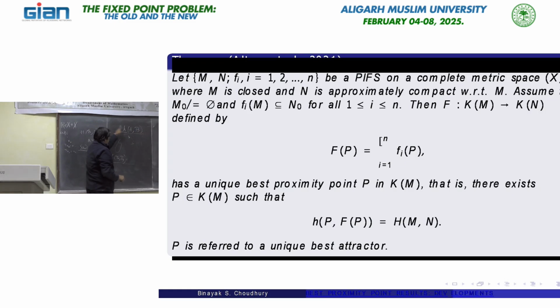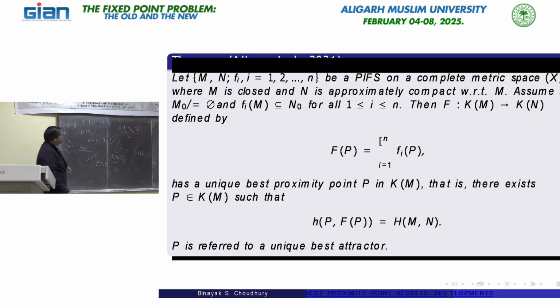In this way, if we begin with (X, d) as a metric space, then K is the set of all compact sets and h is the Hausdorff metric, then this is also a complete metric space whenever (X, d) is a metric space, a standard result. And now from that construction you can see F is a mapping from K(X) to K(X).